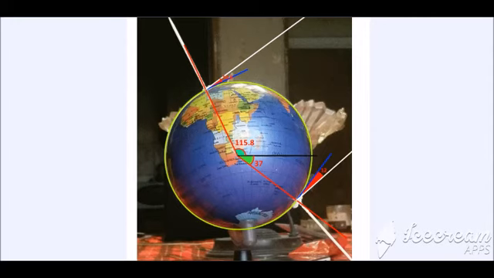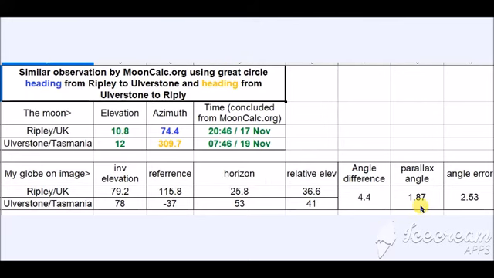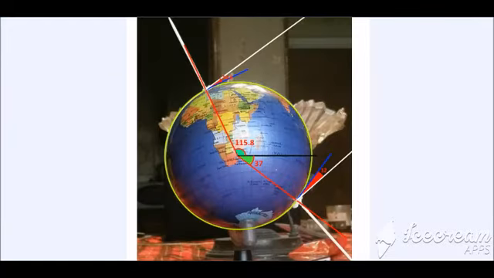Let me explain what that means. That means that these lines should not be parallel because the moon is not that far. They should be converging with an angle of 1.8 degrees. But there's an excess of 2.5 degrees. They're converging steeper than they should by 2.5 degrees.